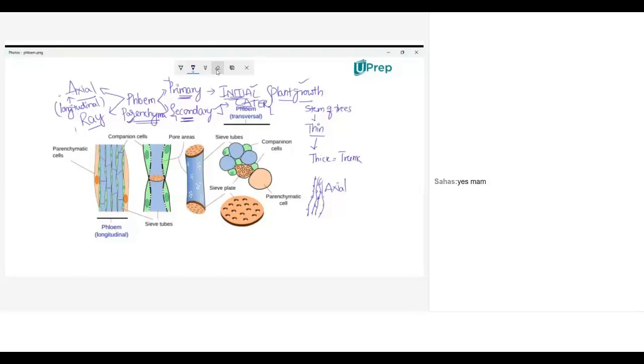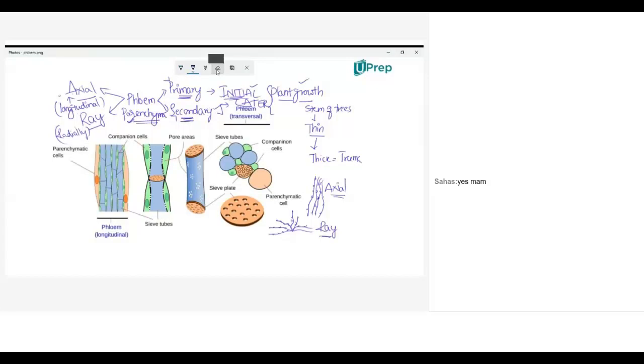Now suppose the parenchyma cells are arranged radially, somewhat like this, in the form of rays. So this we call ray parenchyma. This axial and ray parenchyma are based on the arrangement of parenchyma cells. That's all.